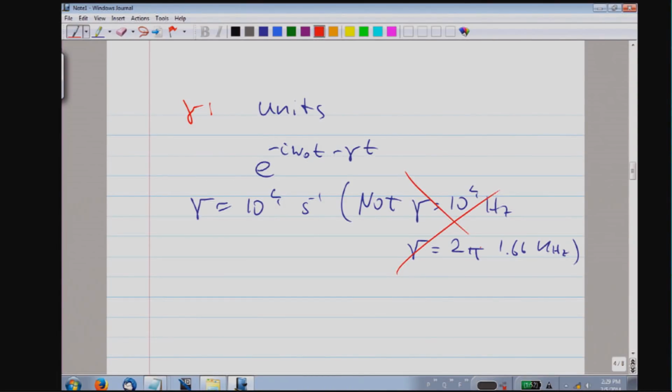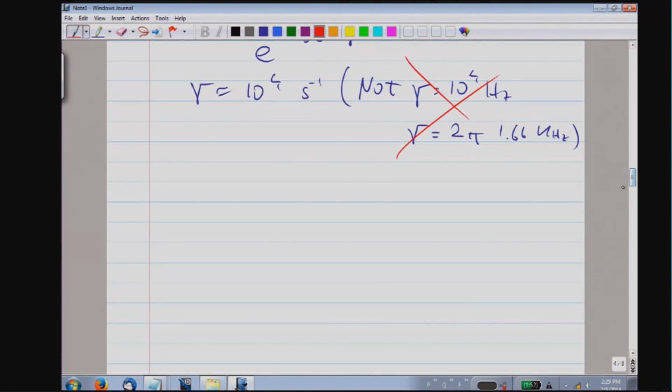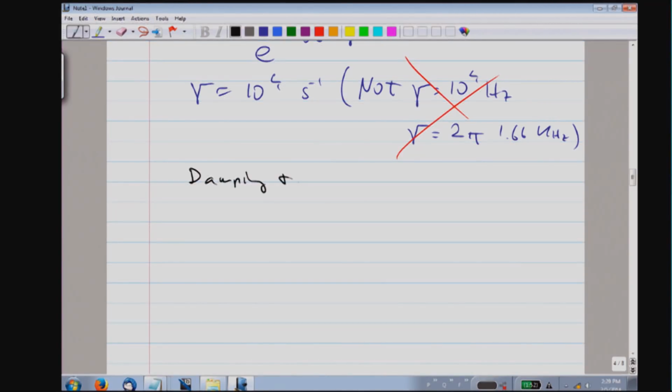Gamma is really a damping rate, and is therefore an inverse time. The damping time associated with this gamma is simply the inverse of it, and in the case chosen, it's 100 microseconds. So just keep that in mind.